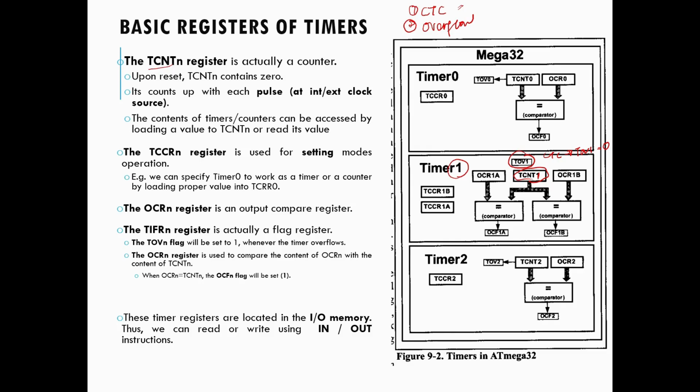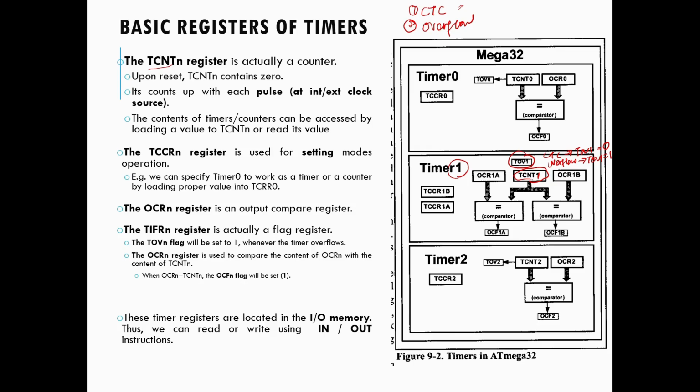If you are using the overflow method, your TOV1 will be equal to 1. Once you check whether the TOV value is 0 or 1, you know whether your microprocessor is doing the CTC method or the overflow method.